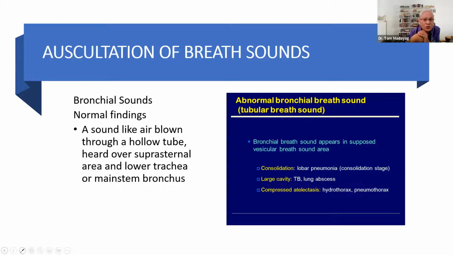They are high pitched and sound very close to the stethoscope. The character of the sound is hollow. And more importantly, there is a gap between the inspiratory and the expiratory phases of respiration, and the expiratory sounds are almost equal to the length of the inspiratory sounds.